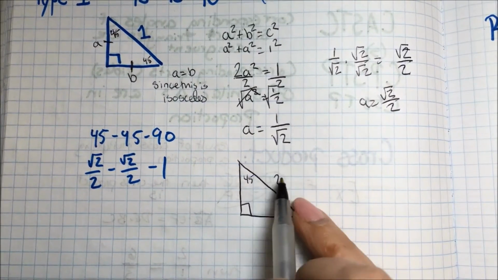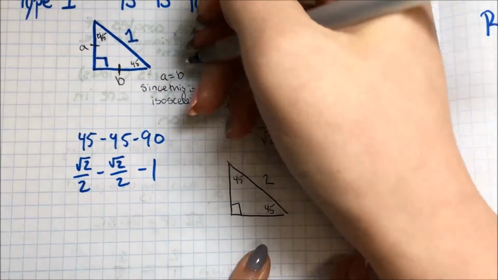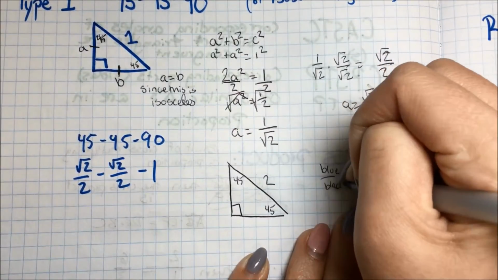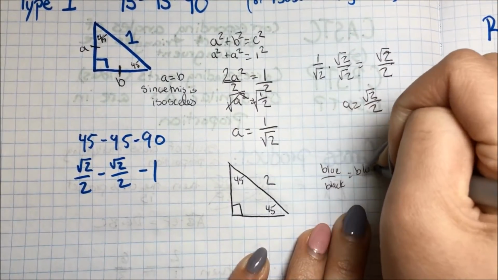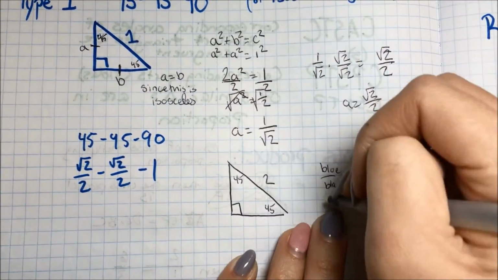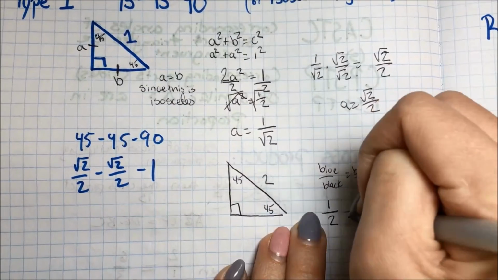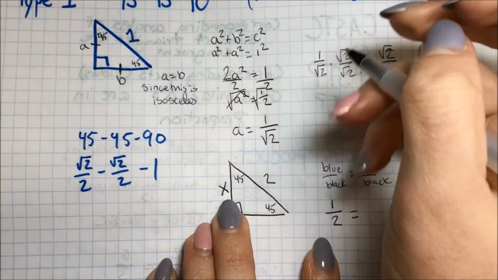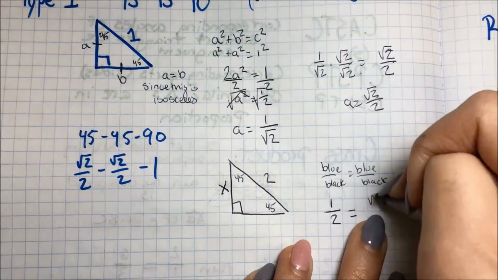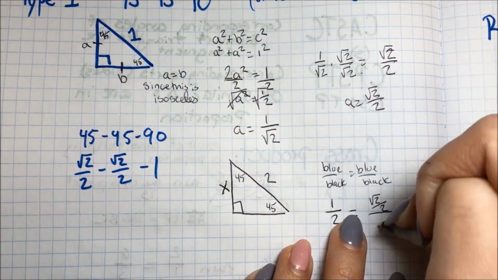So I know that if this hypotenuse is 2, if I do blue over black equals blue over black, my blue triangle was 1 over 2 for the hypotenuse. And I want to find this value here, x. The A side was radical 2 over 2 over x.